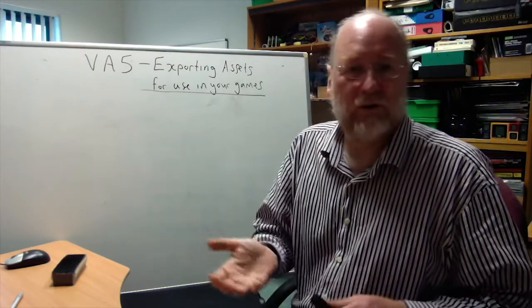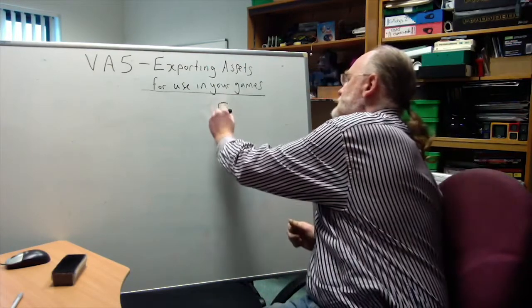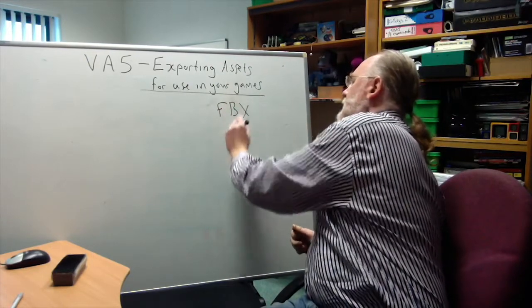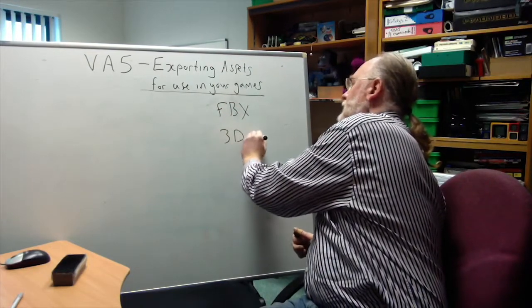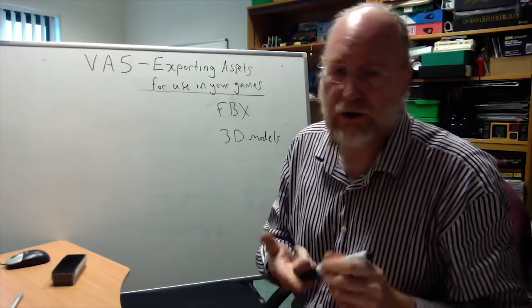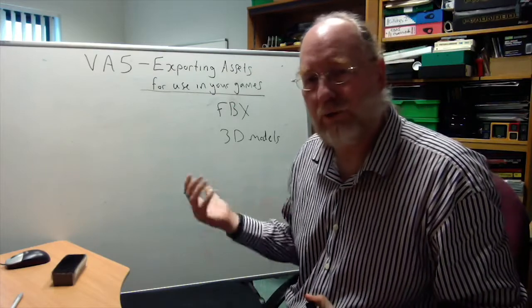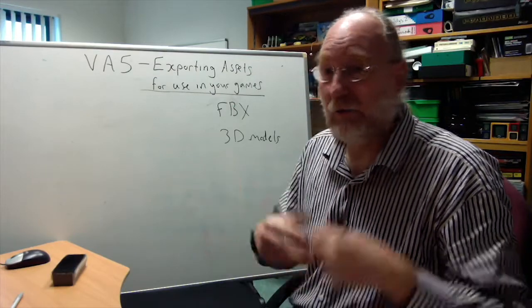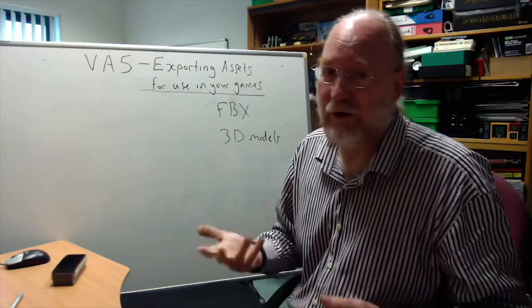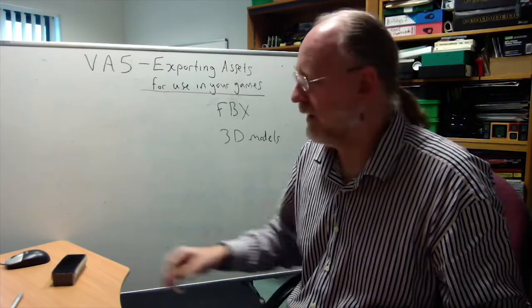So one of the classic ones here is FBX format, which is used for 3D models in things like Unity, Unreal, and so on. And if you can't export into that format, then all the amazing modeling that you're doing in Maya, 3D Studio Max, or Blender, etc., will be pretty much a waste of effort.